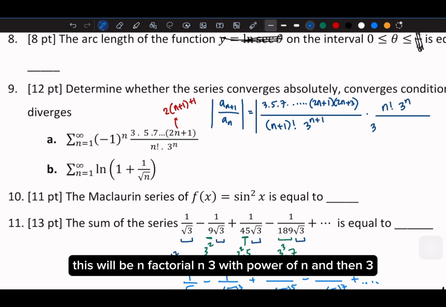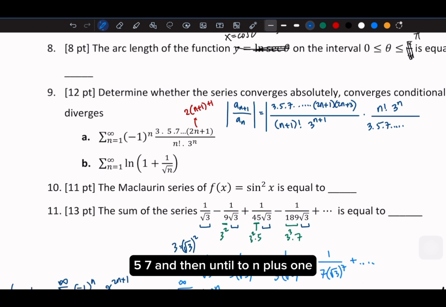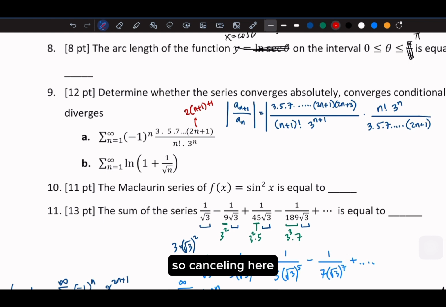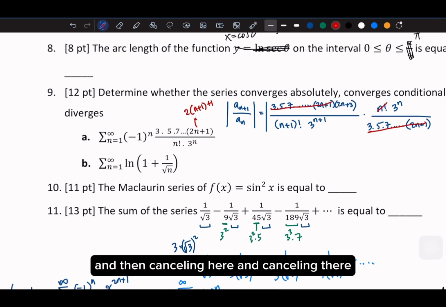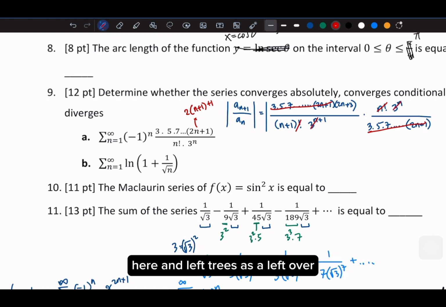And then 3, 5, 7, and so on, and then until 2n plus 1. And we are going to see many cancellations. So canceling here, canceling there, right? And then canceling here and canceling there. Canceling here, here, and left. 3 is as a leftover.